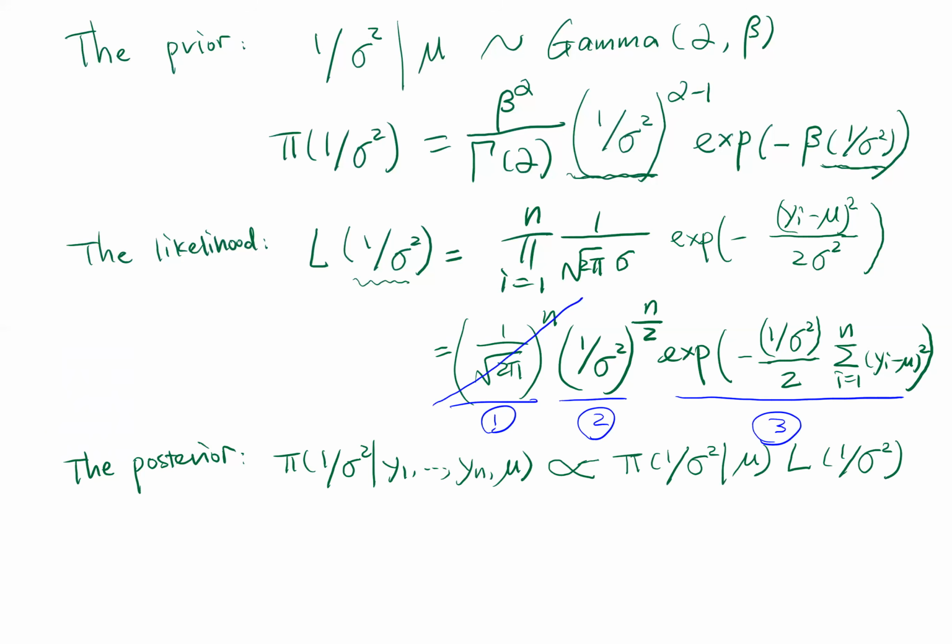I should also mention that in the prior, there are 3 terms as well, right? And just like in the likelihood, the first term is a constant, so you don't have to worry about it. That means to derive the posterior, you focus on the second 2 terms in the prior and the second 2 terms in the likelihood.